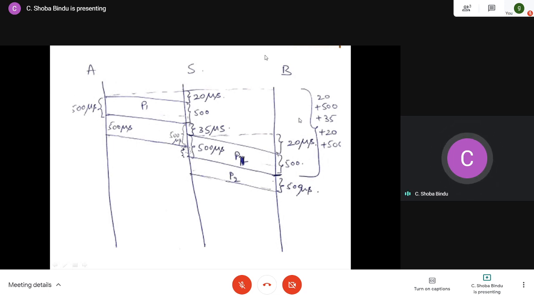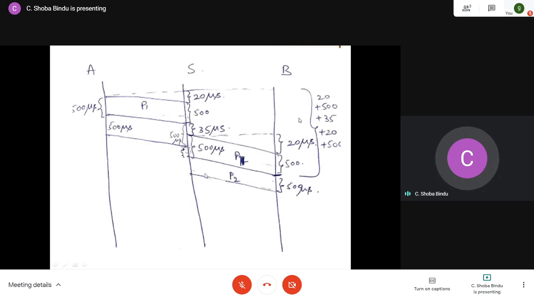That is the time it takes to reach the destination. So the total message can reach the destination with the total time it takes for the first packet to reach the destination plus the transmission time for the remaining packets. One after the other you are transmitting.